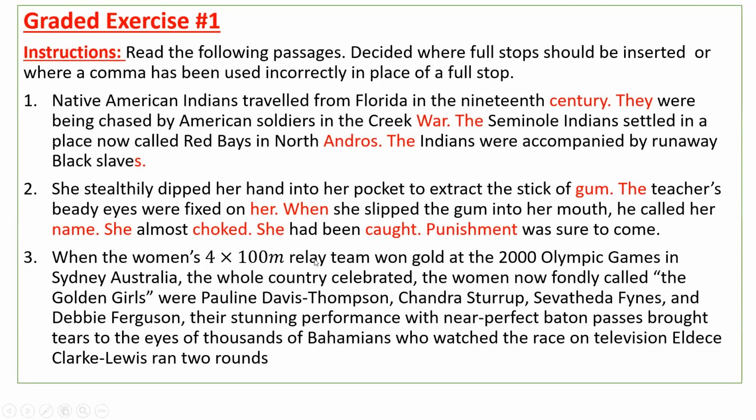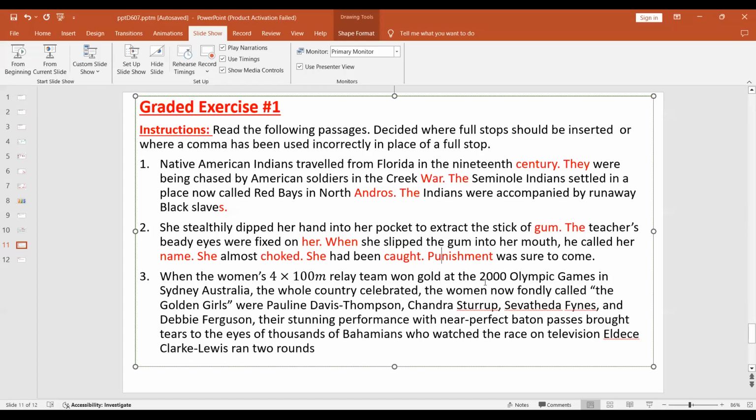Okay, last but not least: when the women's 4x1 relay team won at the Olympic Games in Sydney, Australia, the whole country celebrated. What do we do? Where do we put the period? At the end of "celebrated".